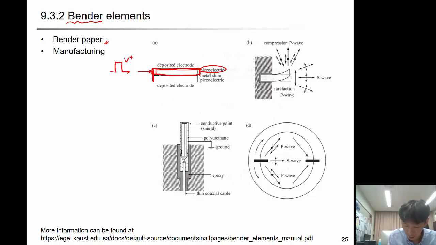Because one side is elongated, and let's assume the other one keeps a constant length, then because they are attached together to match the compatibility, it will deform in this direction. So this becomes longer, while this stays the same.